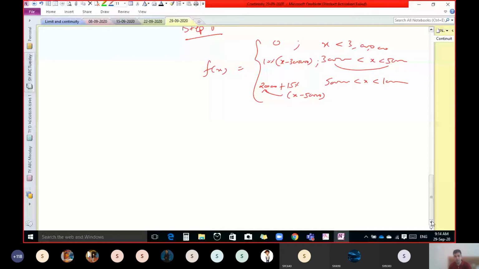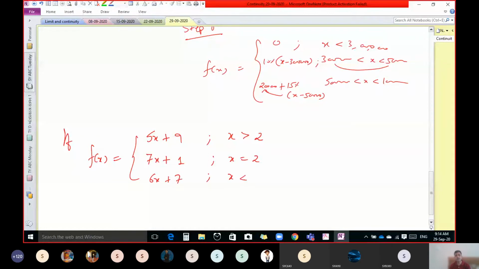Now, let us take one example of limit. If f of x equal to 5x plus 9, x greater than 2; 7x plus 1, x equal to 2; 6x plus 7, x less than 2.